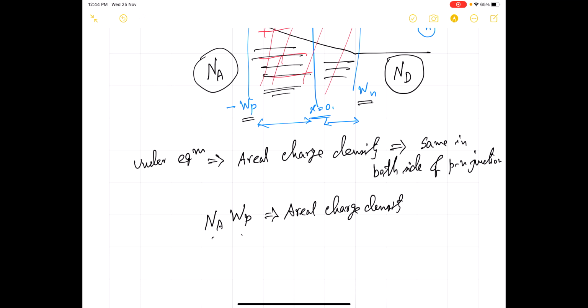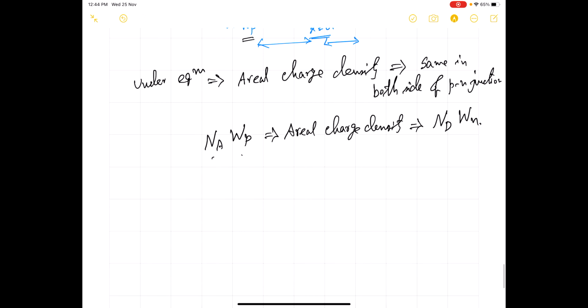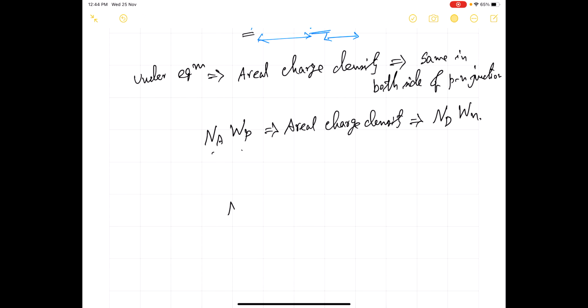This is the density and this is the width; multiplied, it is the carriers per unit area. The same applies on the N side, so Nd into Wn. The end result is Na into Wp equal to Nd into Wn.